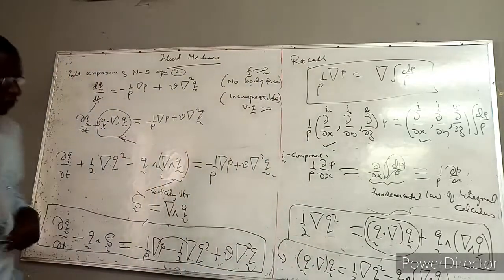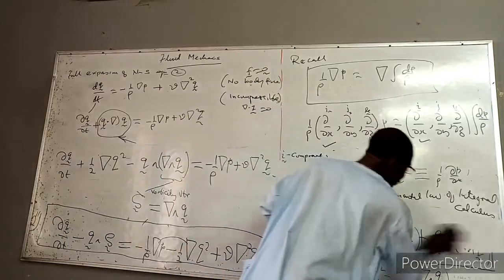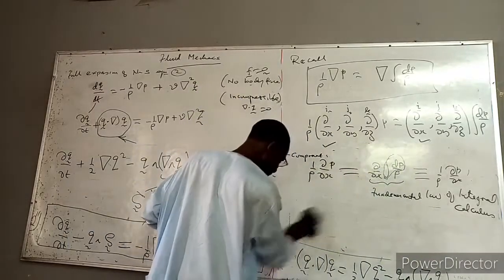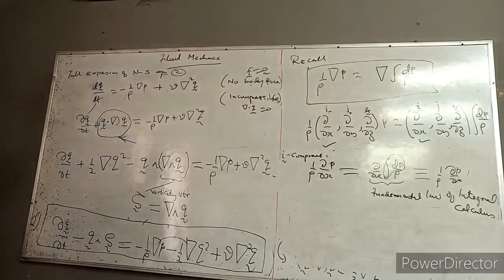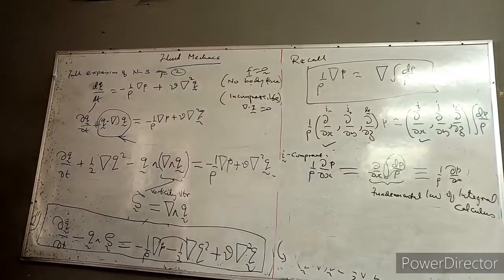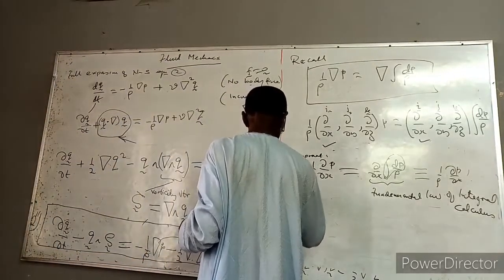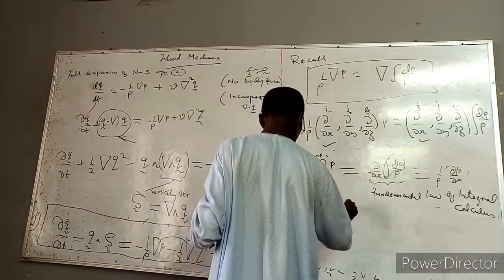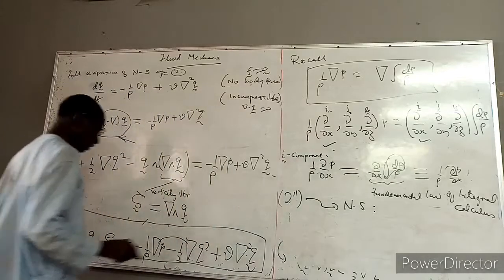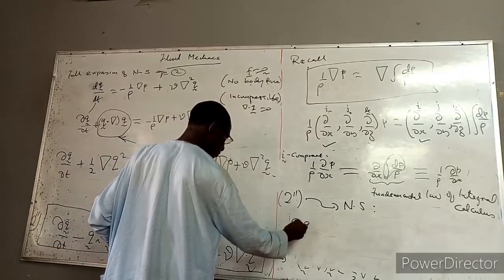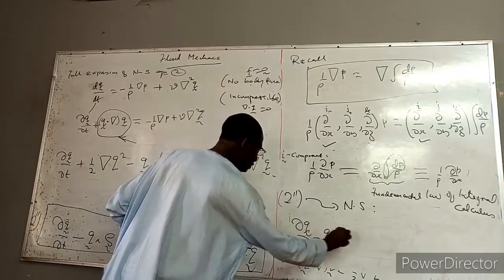Now in view of this, we can write our equation 2 prime prime, another form of the NS equation, as dq/dt minus q cross zeta.